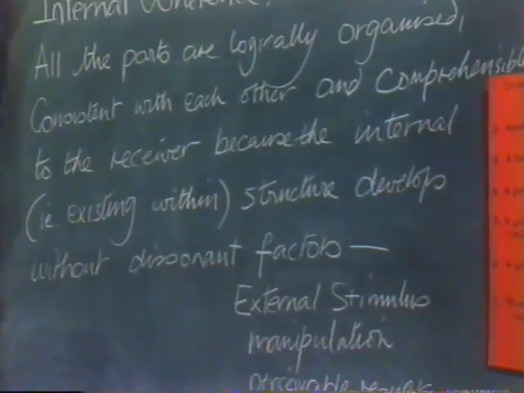The child finds it logical to do it, not, I thought we were doing this and suddenly we're engaged in doing that. The next one is that the internal, i.e. existing within the structure, develops without any dissonant factors for the child.